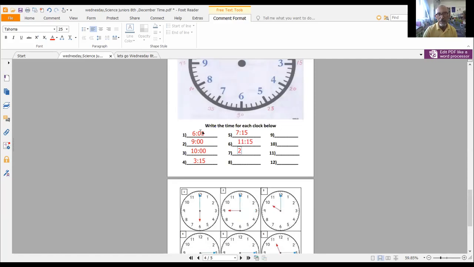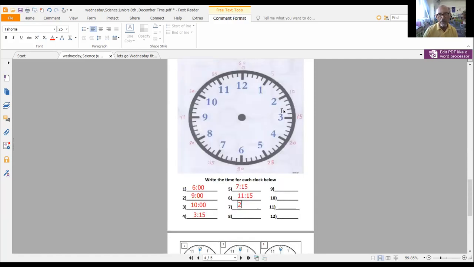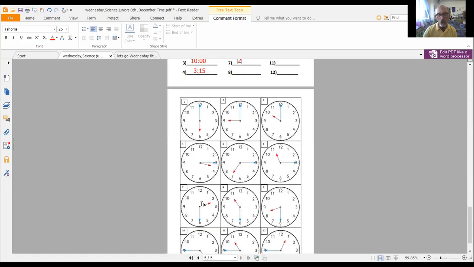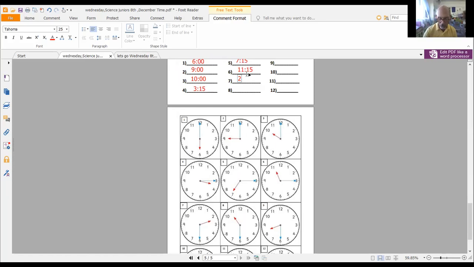How many minutes is 6? Look at the clock. And if you count by 5, there's 5, 10, 15, 20, 25, 30. So that means that number 7 is what time? 2:30. Okay. 2:30.